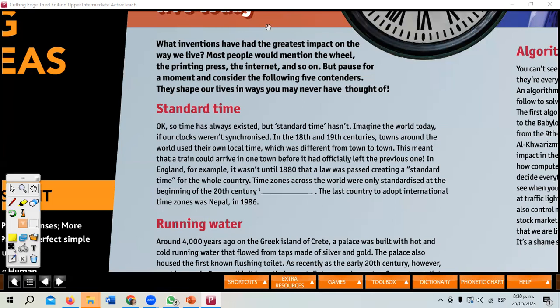In England, for example, it wasn't until 1880 that a law was passed creating a standard time for the whole country. Time across the world was only standardized at the beginning of the 20th century. The last country to adopt international time zones was Nepal in 1986. Okay, very good. So any new words in this part, guys?